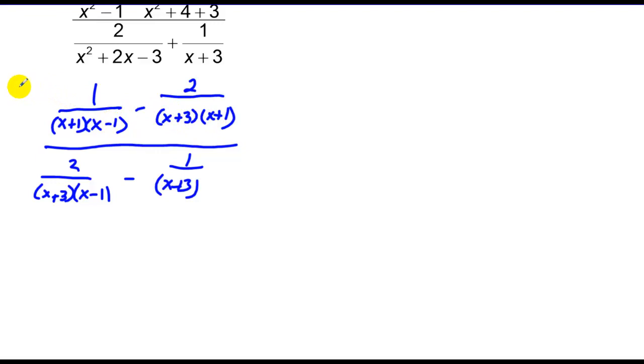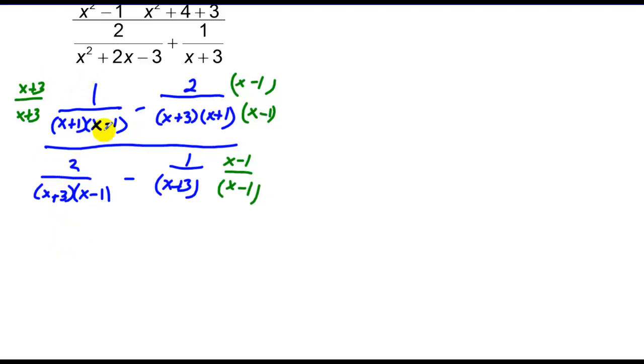This guy's missing the x plus 3. This one is missing the x minus 1. In this denominator, I just have the x minus 1 missing. And now start multiplying through.